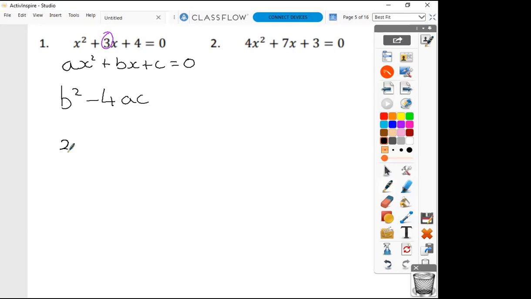So I'm getting 3 squared minus 4, always the 4, multiplied by a. There's nothing in that a position. So remember in algebra, when there's nothing there, we refer to it as 1. So there is 1x squared term there. And then in the c position, we've got that number 4.